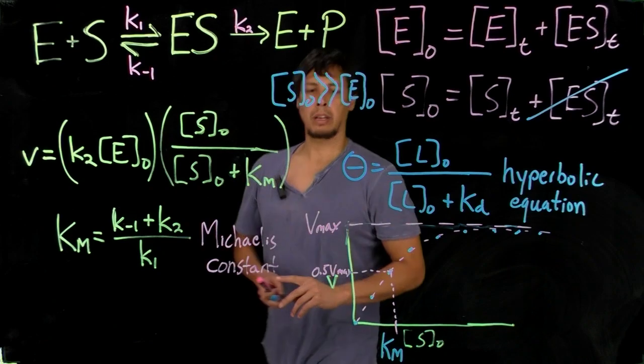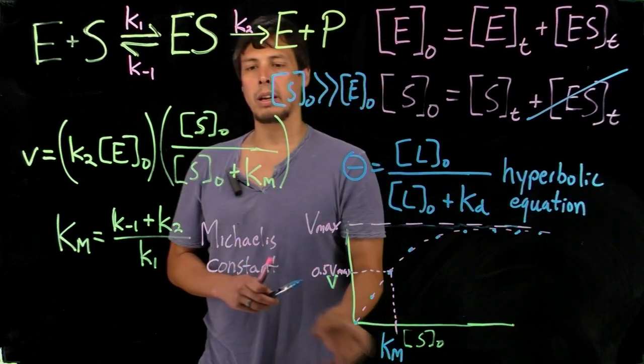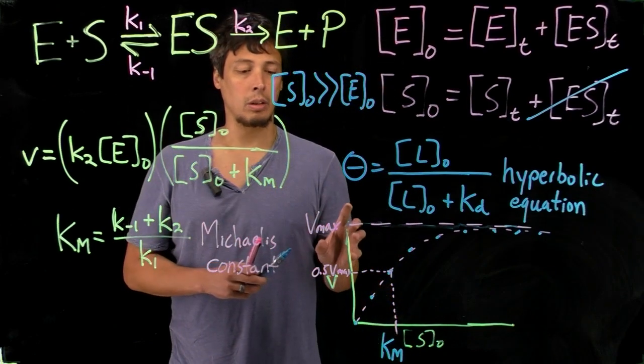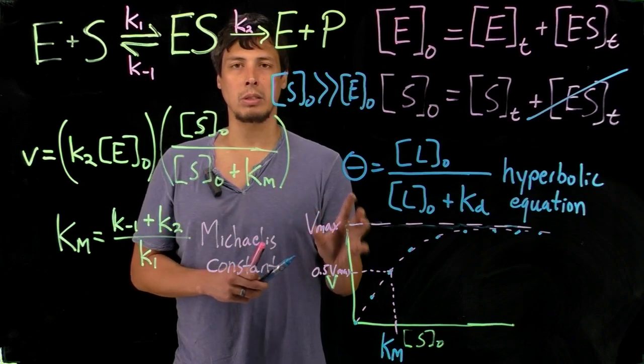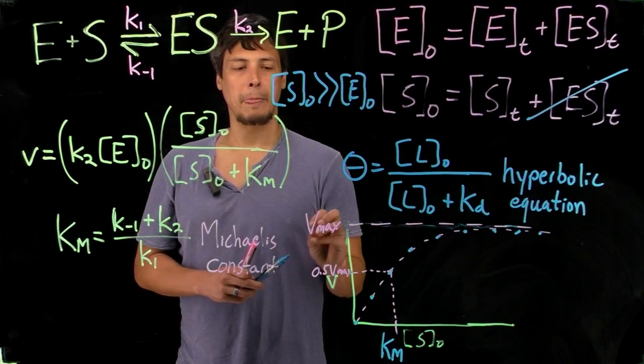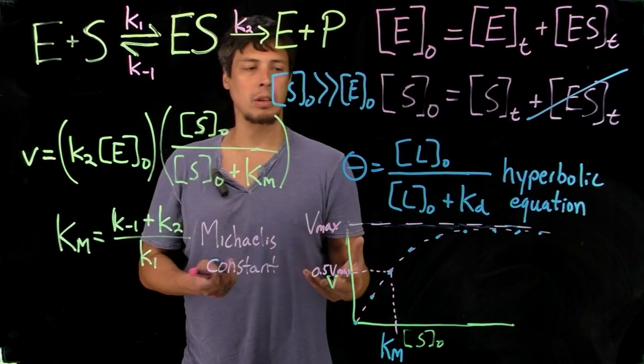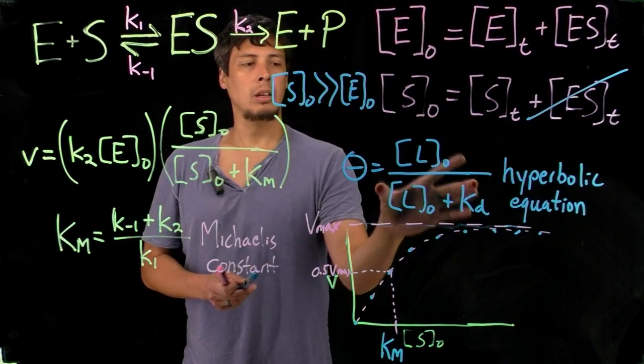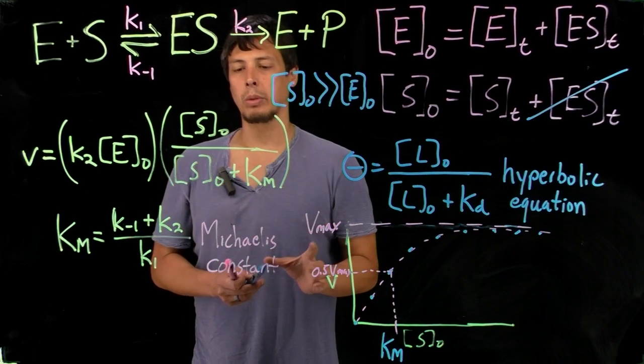So the Michaelis constant is the substrate concentration at which the velocity is 1/2 Vmax. It's very analogous, again, to our ligand binding equation here.